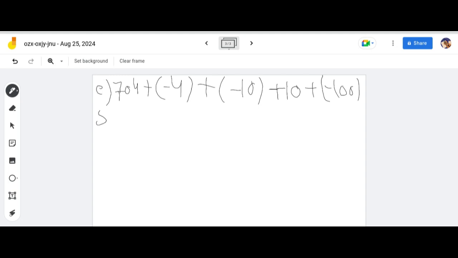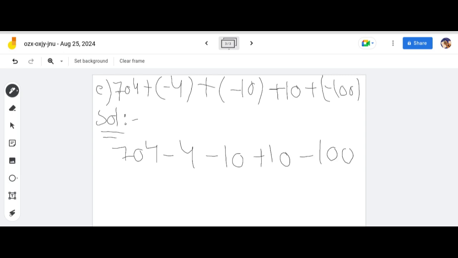Now which thing do I have to solve first? The brackets, all the brackets. 704 plus minus 4 plus minus 10 plus 10 plus minus 100.